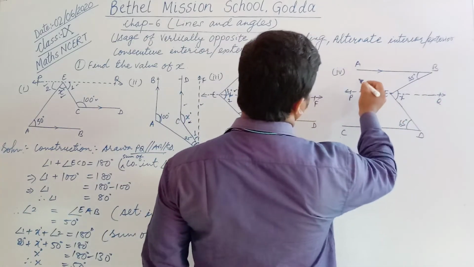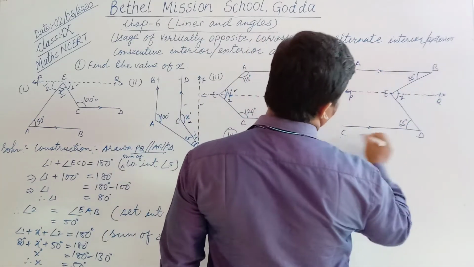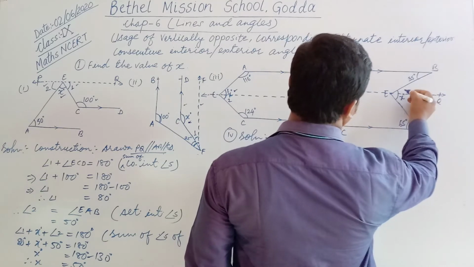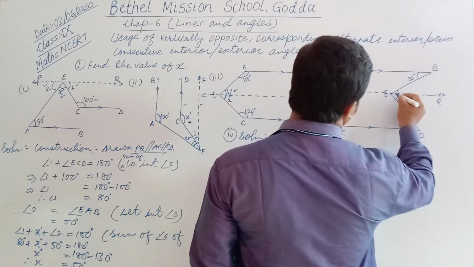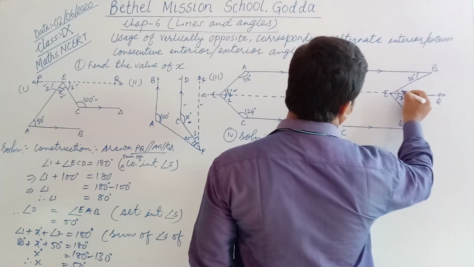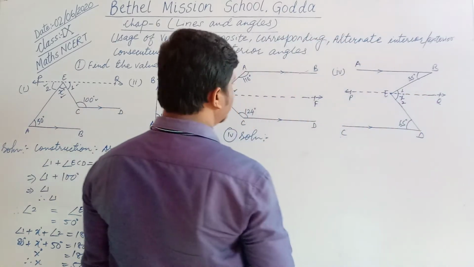PQ drawn parallel to AB and CD. So here also the angle BED is divided into two parts. 1 and 2. You can name it.